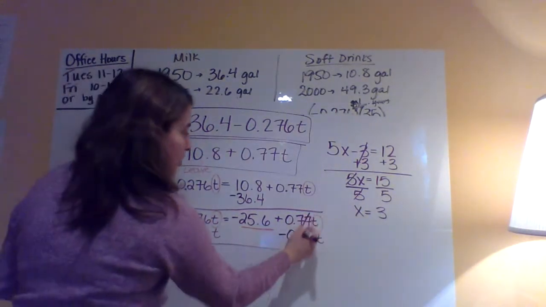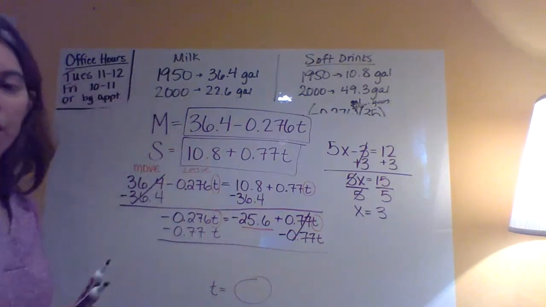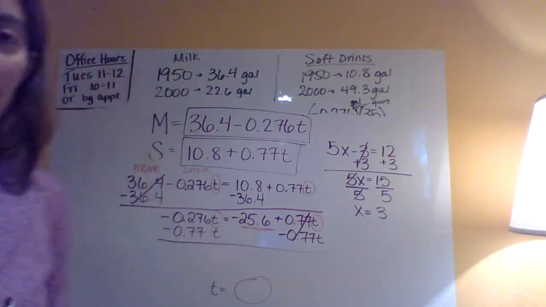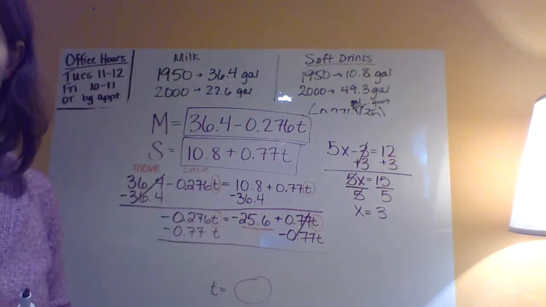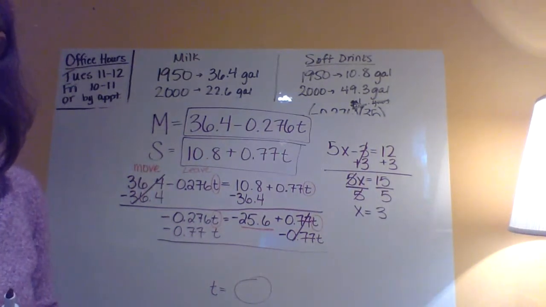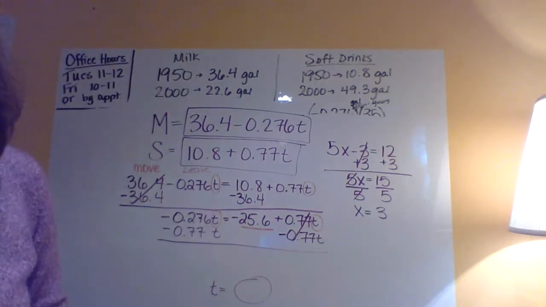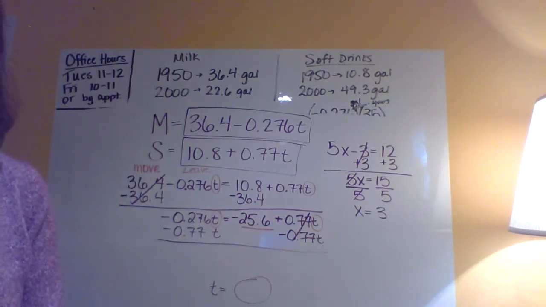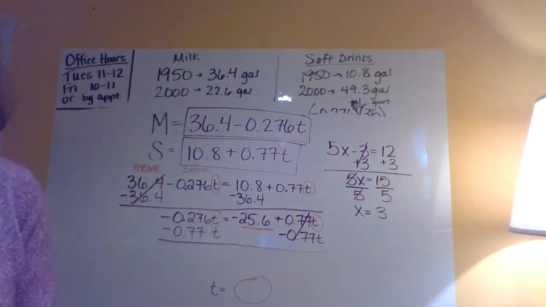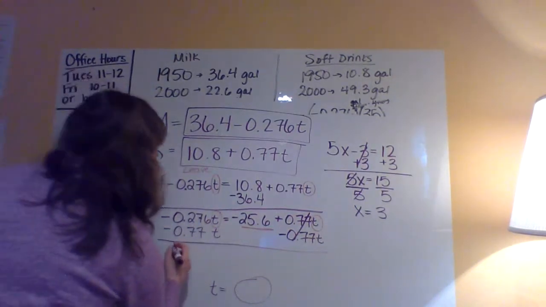So this cancels out. Over here, I have negative 0.276 minus 0.77.